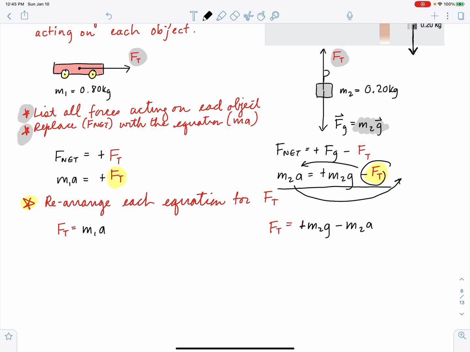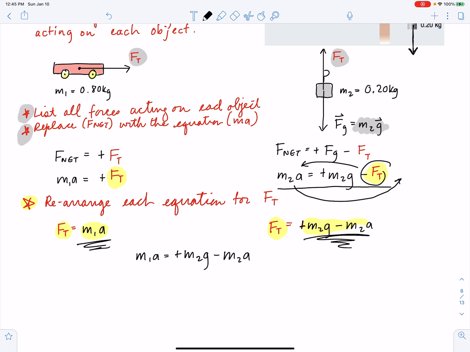Now, since I know the force of tension equals M1A, and the force of tension equals M2G minus M2A, and the force of tension for both of these is the same, then I can say that M1A must equal M2G minus M2A.